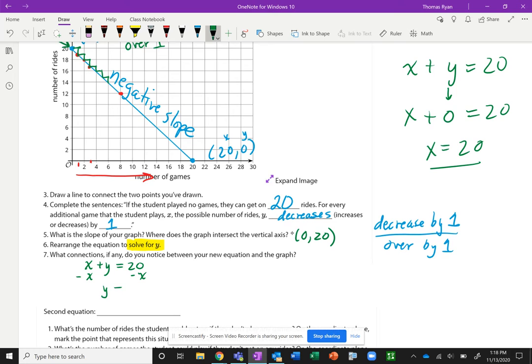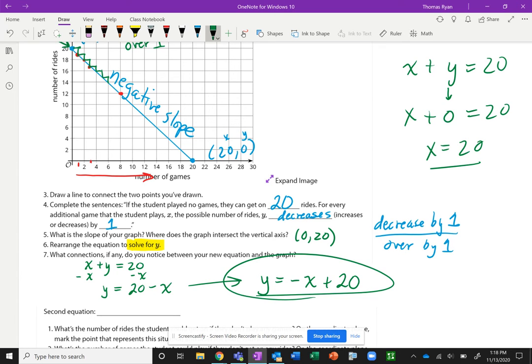So we're going to get y equals 20 minus x, or we can write it as y equals negative x plus 20. Either way, what we should notice here is that this 20 comes up as our y-intercept.